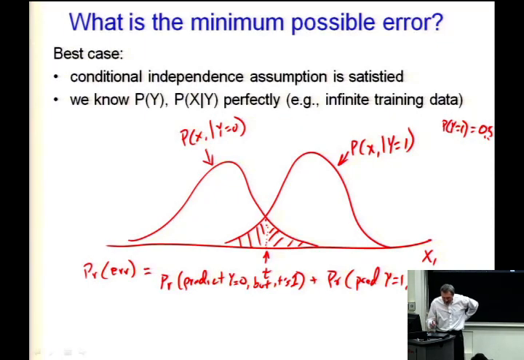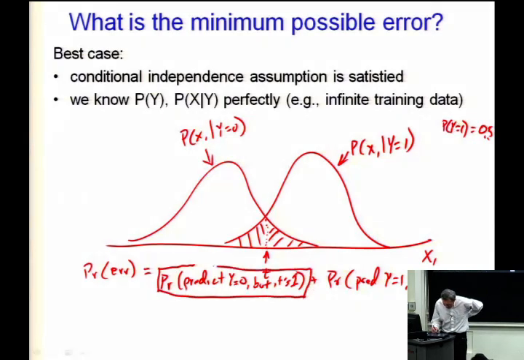Okay, so now, what is this probability? Well, to put it in our notation, predict y equals 0, we could equally say x is less than our threshold. So it's the probability that x is less than the threshold and y equals 0.